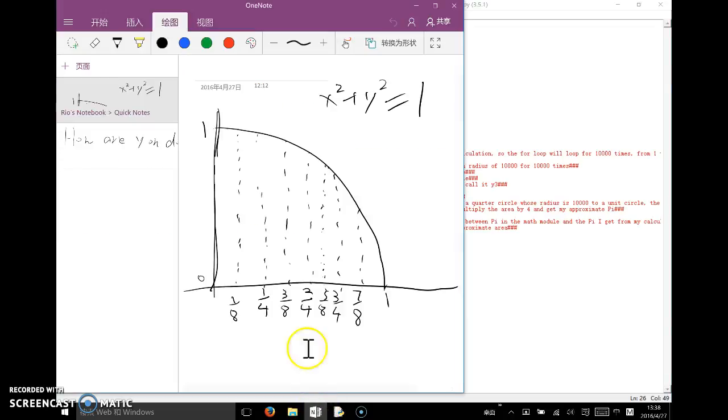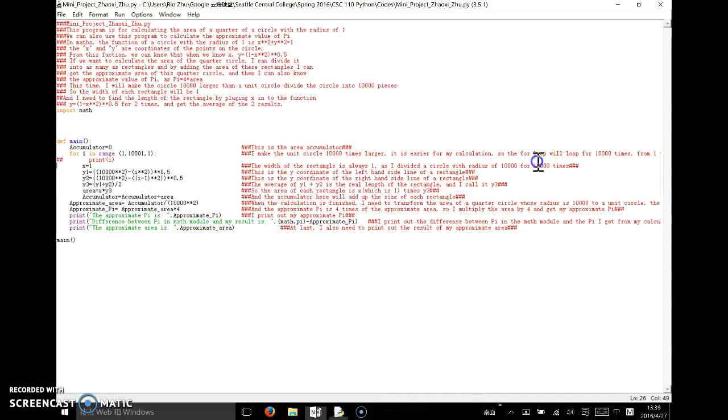And let's get back to the picture. Y1, say in this rectangle, y1 is this side, and y2 is this side. And when I get y1 and y2 and get the average, I will get the real length of each rectangle.